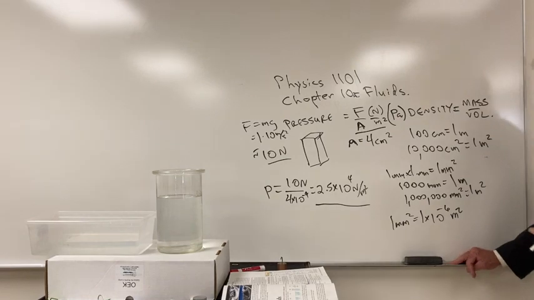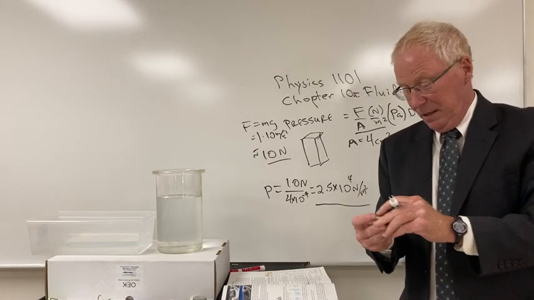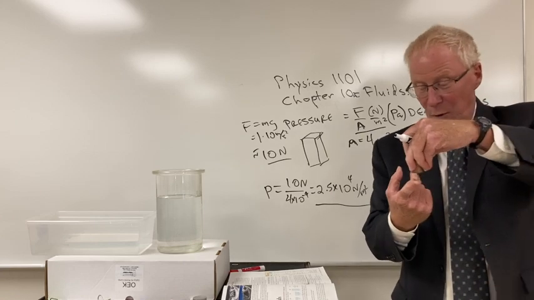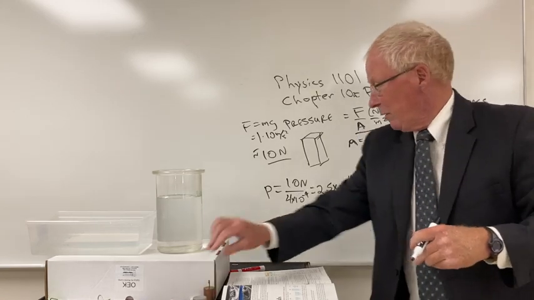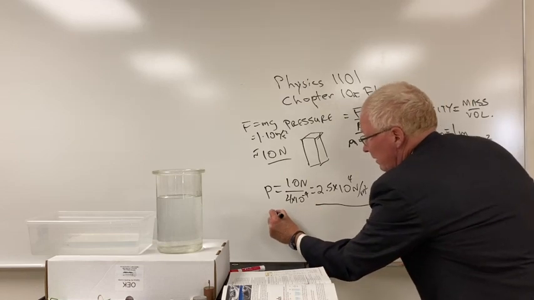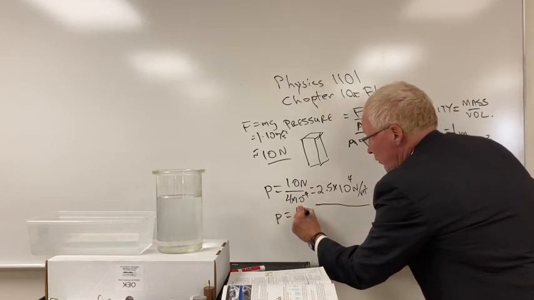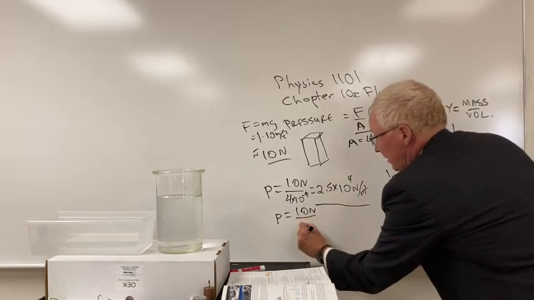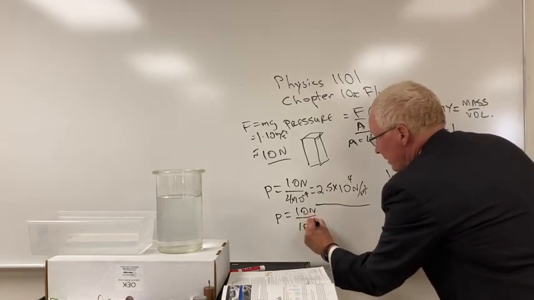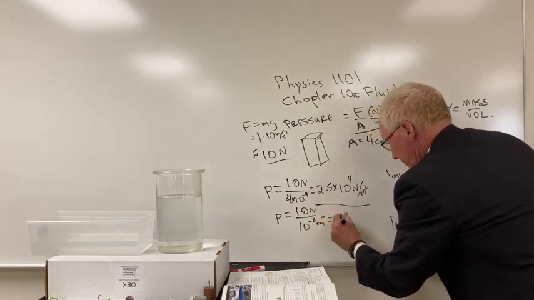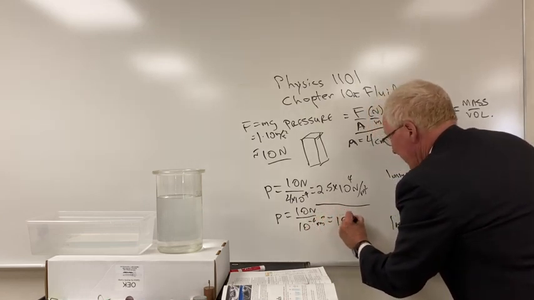So the pressure, if I had just a point, like if I could actually twist this so it's just standing on a point, and this weighed 1 kilogram, the pressure then would be 10 newtons over 10 to the minus 6th meters squared, which would be 10 million, 10 to the 7th pascals.